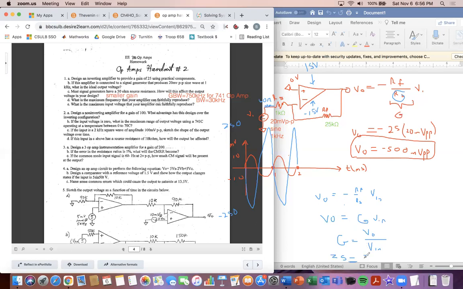It can approach the supplied voltage by 1 volt, which the supplied voltage is usually plus or minus 15 volts. So it can be plus or minus 14 volts over the input voltage.